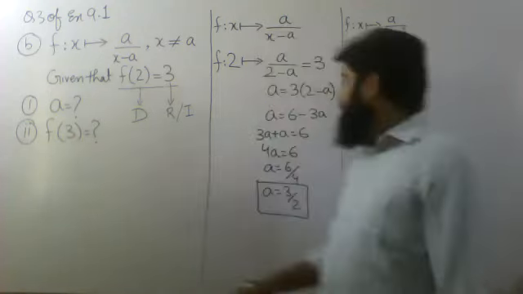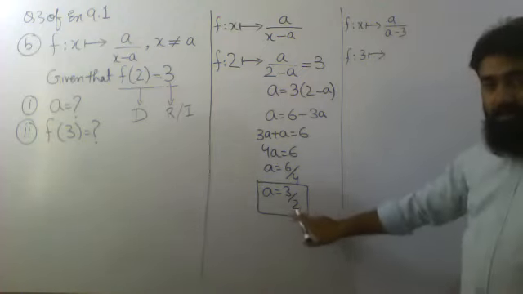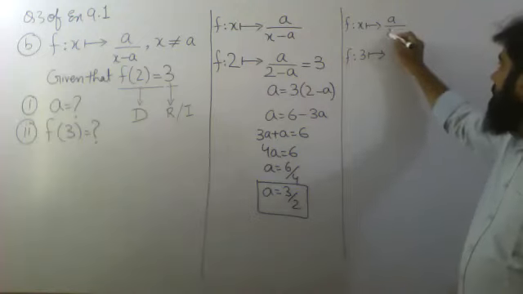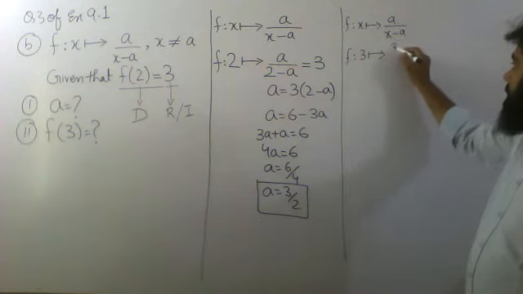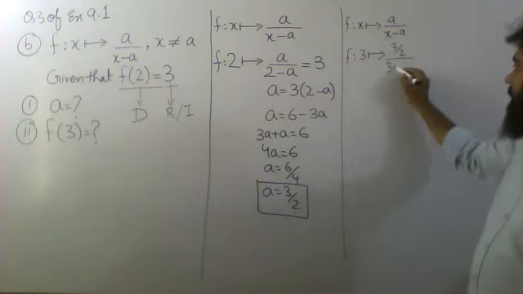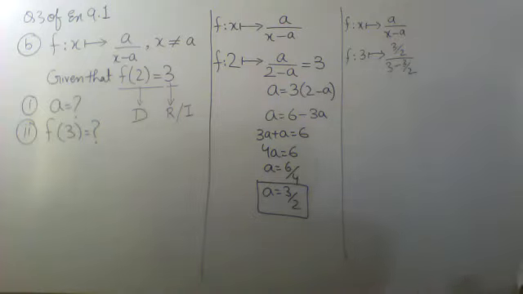The value of a I have got as 3 over 2. So it is 3 over 2 upon 3 minus 3 over 2.